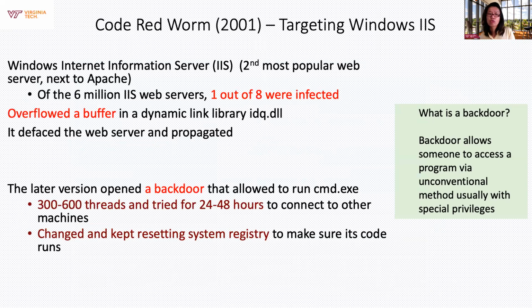A buffer overflow was involved, in a link library. And then here you see that the worm would fork 300 to 600 threads, and then tried for 1 to 2 days to connect to other machines. So extremely aggressive.